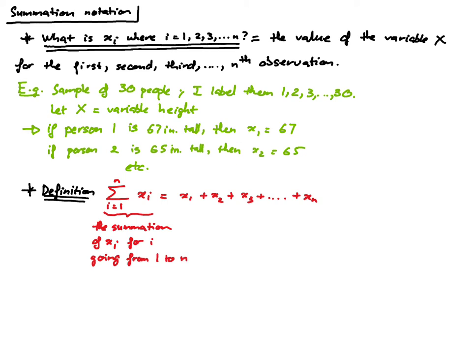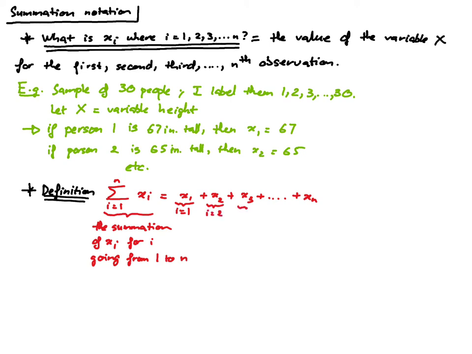Basically, the idea is wherever you see an i, you want to replace it with 1, 2, 3, all the way to whatever n is, and then you sum all those numbers up. So the first term on the right hand side is what you get when i is equal to 1. The second term is what you get when i is equal to 2.